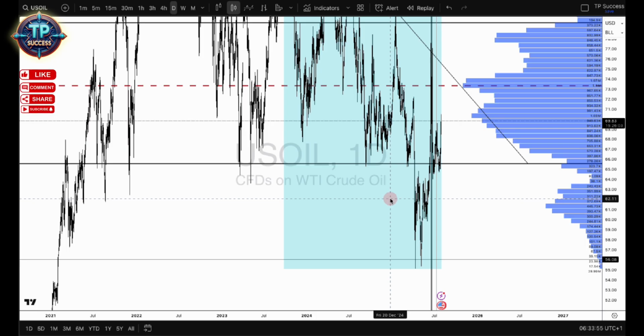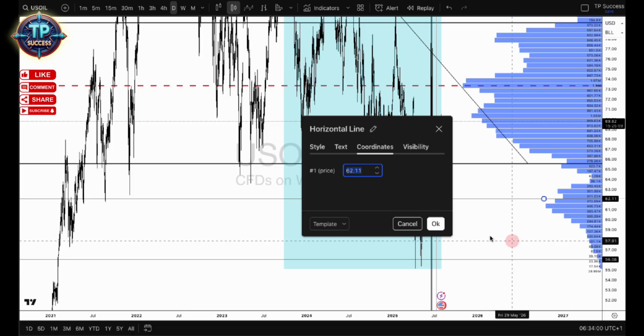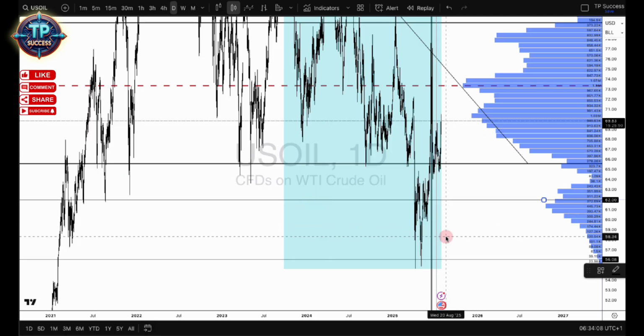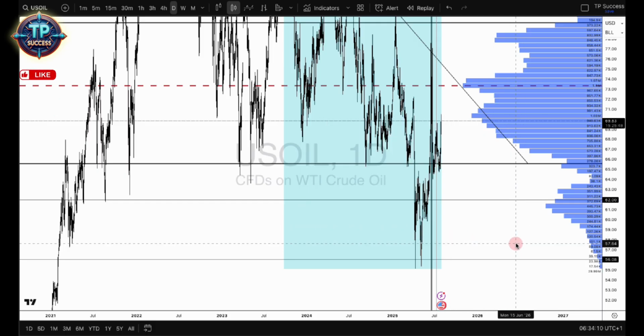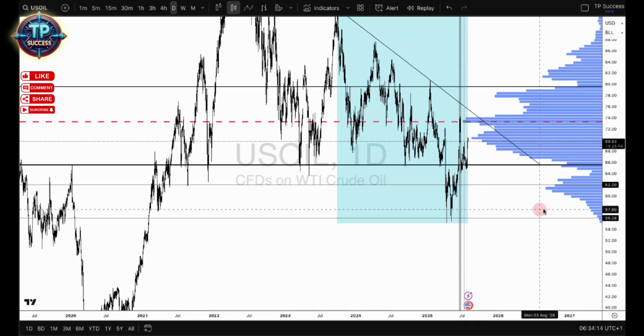I need to get it dead on. I don't think it's going to happen in the way that I want. Let's now add this. Also, a rounding number. Right? So we've got our resistance and we've got our support.